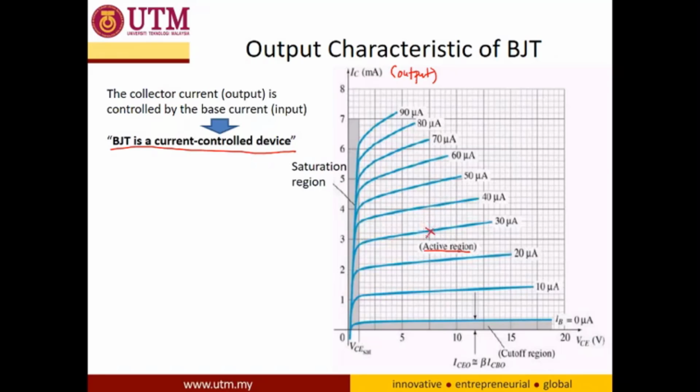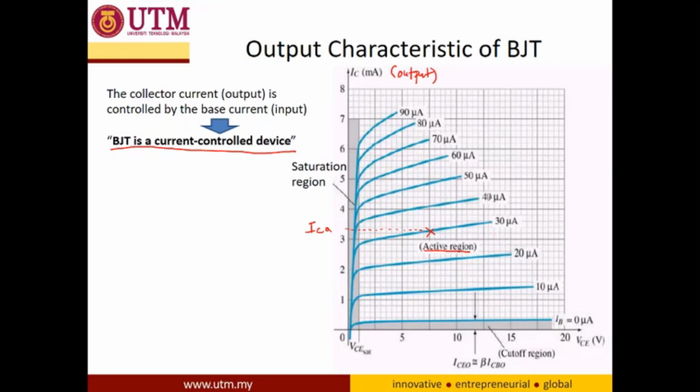Let's say here we have the bias current, IC naught, ICQ. The value of IC can be controlled by changing the base current.